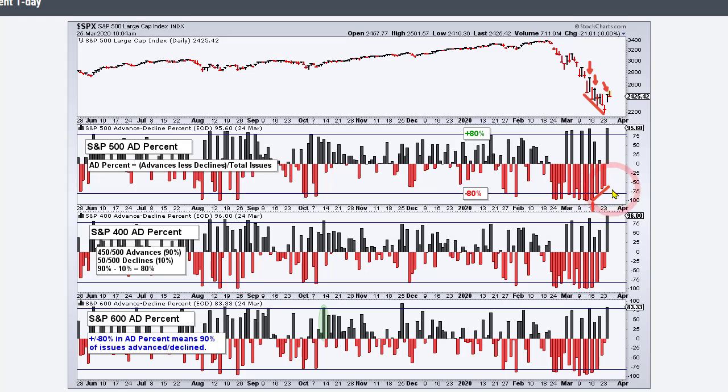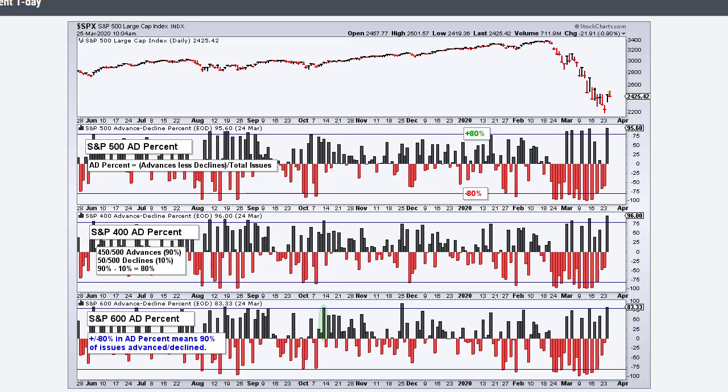So selling pressure was less. And if you look at mid caps, the same thing. Selling pressure was less. And it was even more pronounced maybe in small caps, less selling pressure. I don't think you can use this to time a bounce, but it was just one of the technical indicators that showed us that there was less participation on the downside to give way to an oversold bounce.